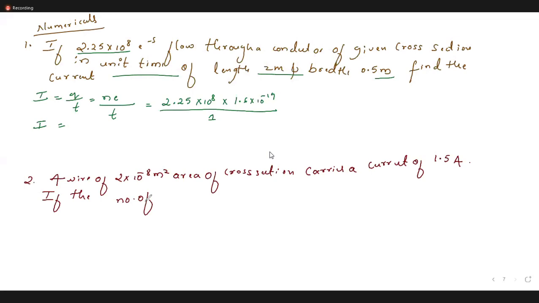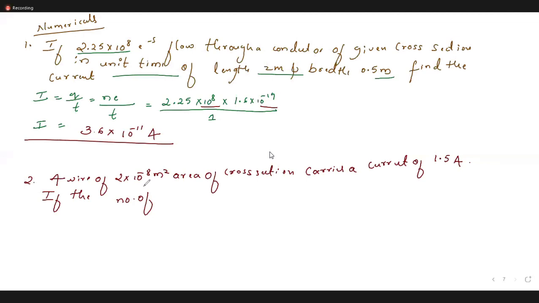How much did you get? 0.5 into 1.6, 0.6 into 10 power minus 11, which is 3.6 into 10 power minus 11.